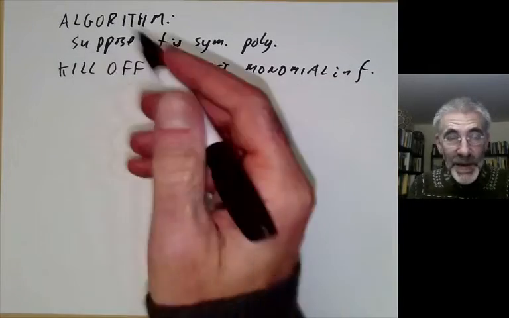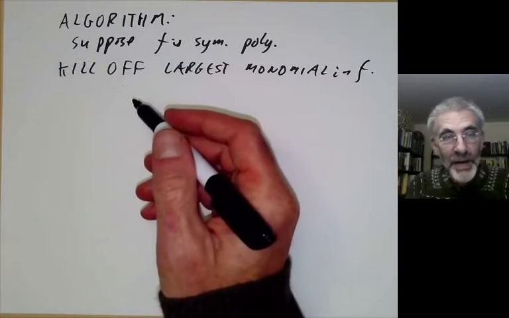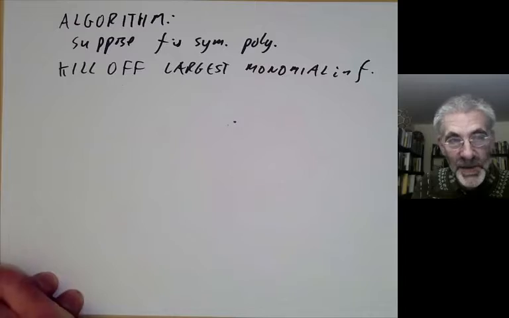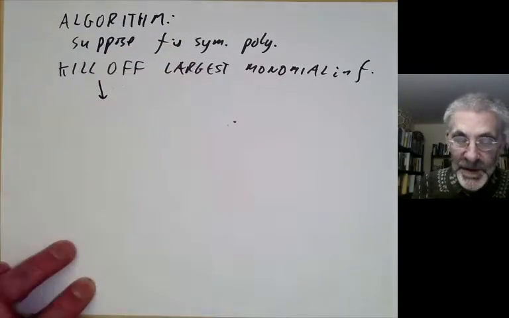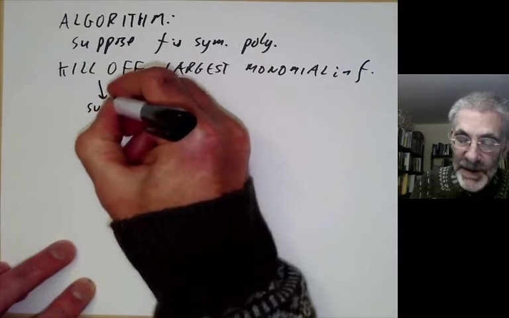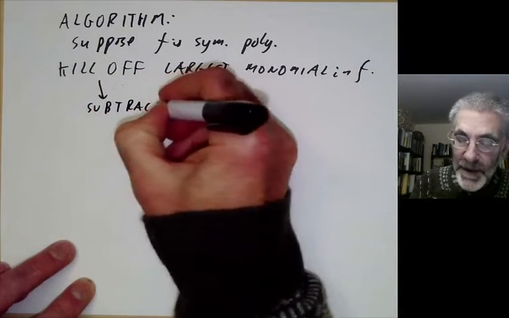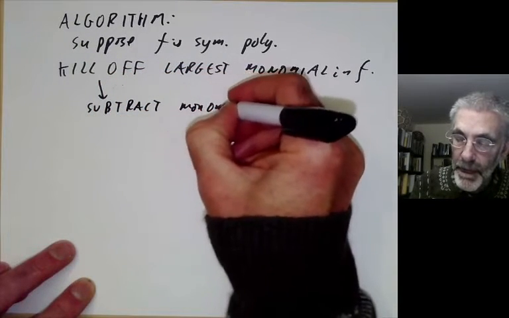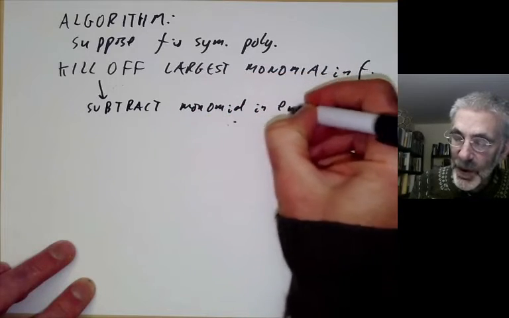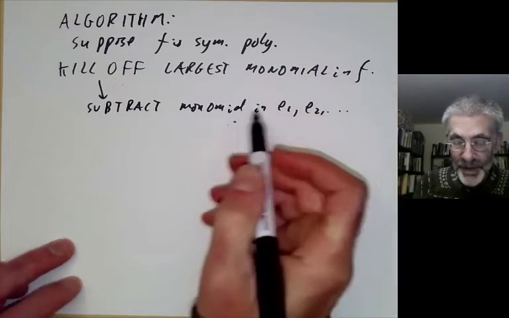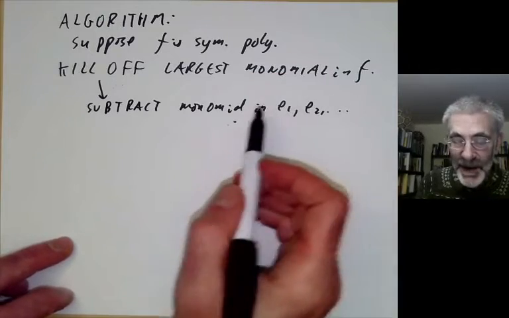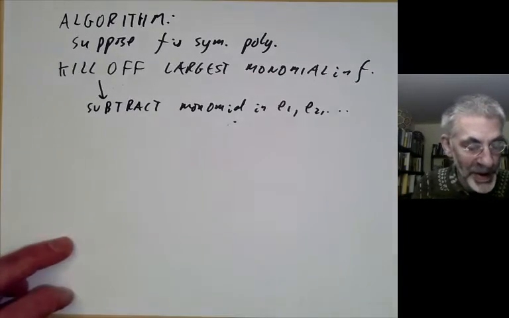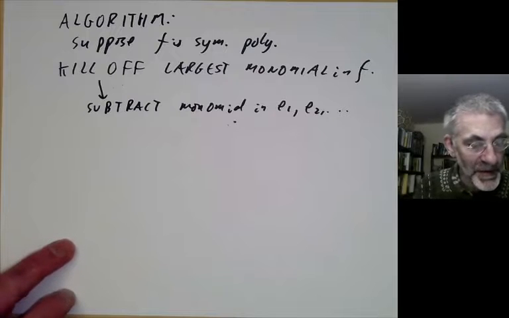And we're going to keep on doing this, and if you keep on killing off the largest monomial and replacing it by smaller monomials, you will eventually get down to 0. So how do we kill off the largest monomial? Well, we want to subtract some monomial in E1, E2 and so on. So we're continually subtracting monomials in the elementary symmetric functions, and that will eventually reduce f to 0. So this will prove the theorem.